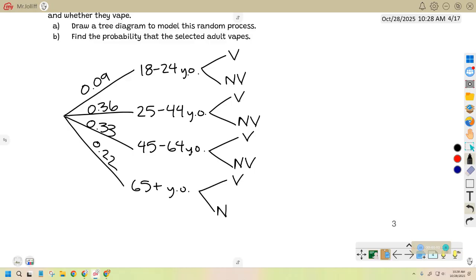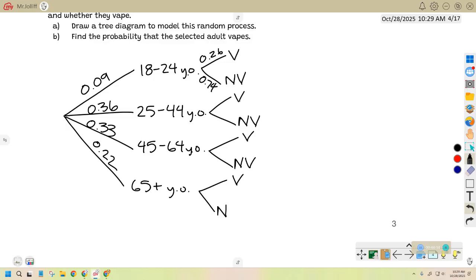So of the 18 to 24s, what percentage vape? 26%? Is it 21%? The data suggest 26% of adults age 18 to 24 vape, so it is 26. Okay, I can read, yay. So this is 0.26. If 26% vape, what percent do not vape? 74, very good, 0.74.